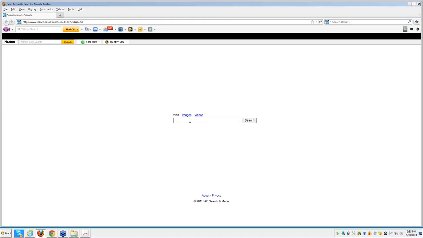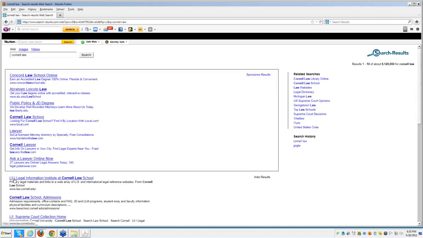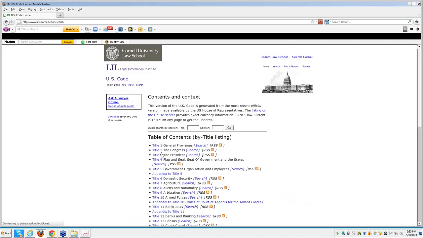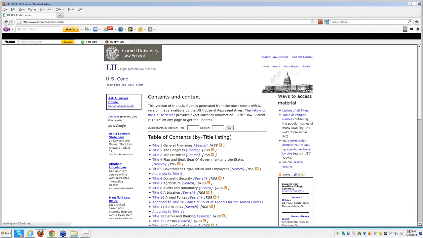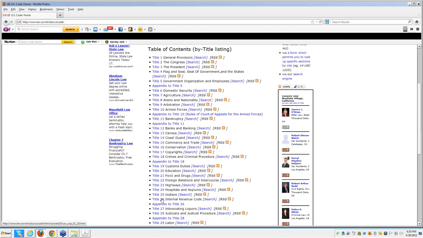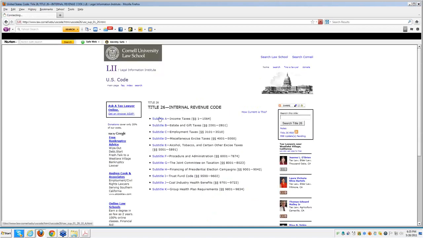I'm going to show you they have a chart that shows what they're taxing and how much. They have a schedule in there, and I'm going to show you the schedule. Notice it's subtitle A, income taxes.